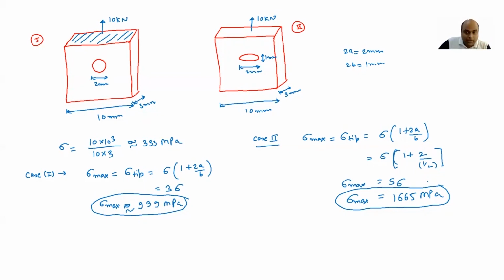But remember, locally you are going to have a stress much higher than 400 MPa. So the question is, is your material going to deform in case 1 and case 2? The answer is yes, because although the applied stress is less than the yield stress of 400 MPa, locally your stresses are much higher than 400 MPa. So you are going to get plastic deformation locally.